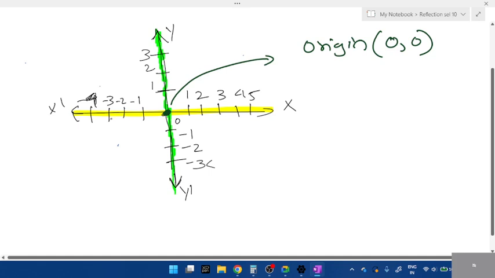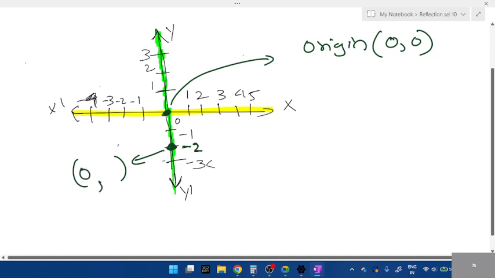Now let us plot some point on the axis, the green and the yellow on our axis. If I plot it here, tell me the answer for this. On which axis have I plotted? So x will not have any value.